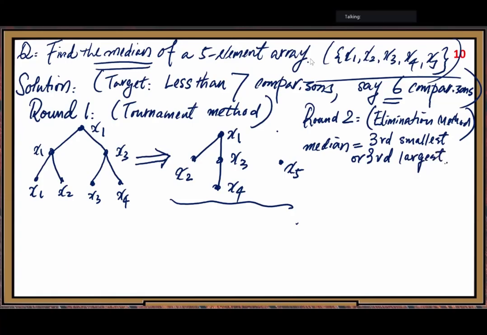So which element cannot be the third smallest or third largest? We need to find such an element. Then this element has no chance to be the median. Look at that question. That's the critical step. Look at this element, X1. Look at X1.